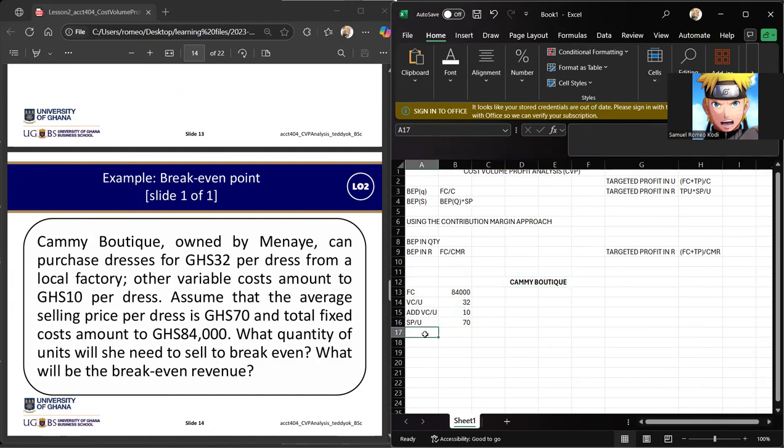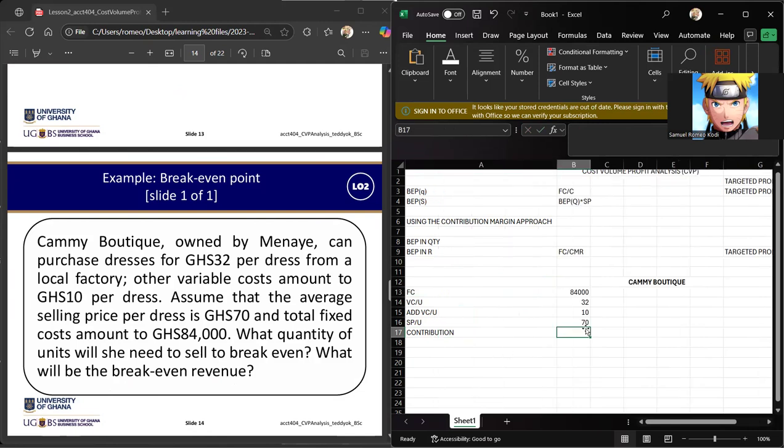So what's our contribution now? Our contribution equals the selling price per unit less the variable cost per unit.